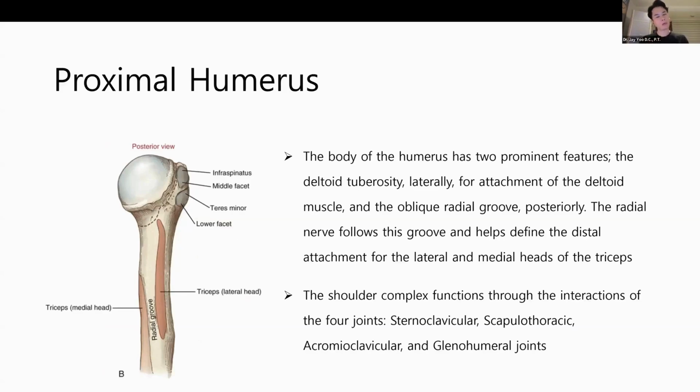So if there is some subluxation or malfunction in the sternoclavicular joint, the right motion of the arm cannot happen. Therefore, we should check the sternoclavicular joint when your patient has a shoulder problem.